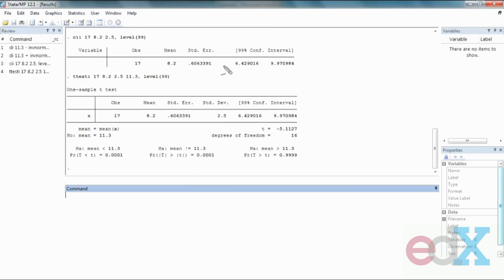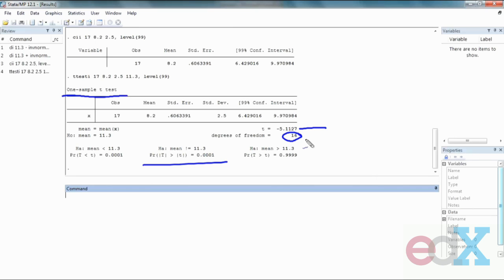Now, as a statistician, you should never jump straight to the p-value. When you're presenting the results of a test, you want to make sure that you tell a story. So if I were telling the story in this case, I would say that using a one-sample t-test, I obtained a test statistic of negative 5.11, which under the null hypothesis follows a t-distribution with 16 degrees of freedom.